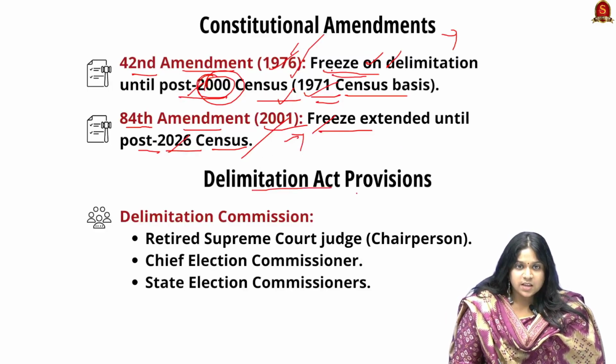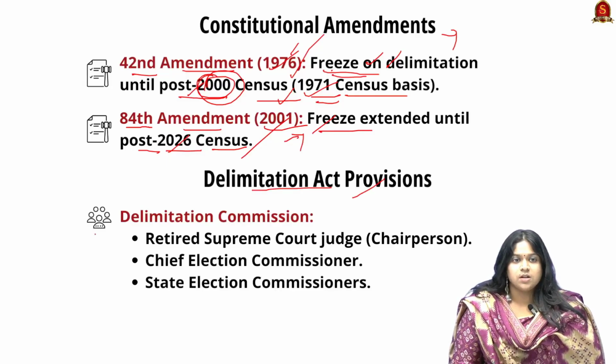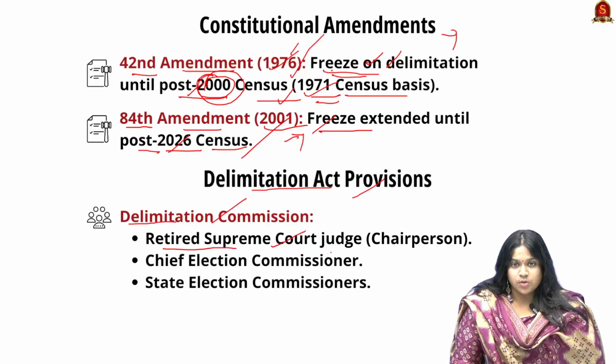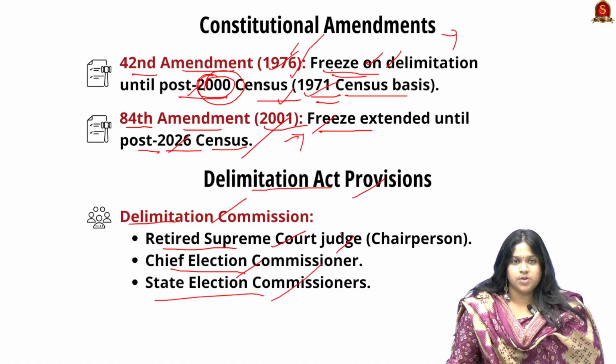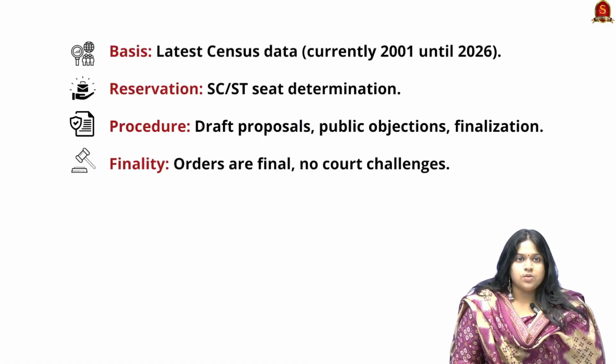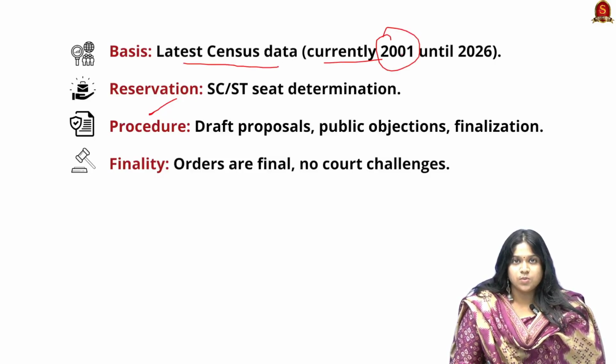Now let us see the act provisions. First, looking into the setup of the Delimitation Commission. It comprises a retired Supreme Court judge as chairperson, along with the Chief Election Commissioner and state election commissioners. Next, the working is based on the latest census data. Currently the 2001 census was taken, but delimitation was frozen until 2026.